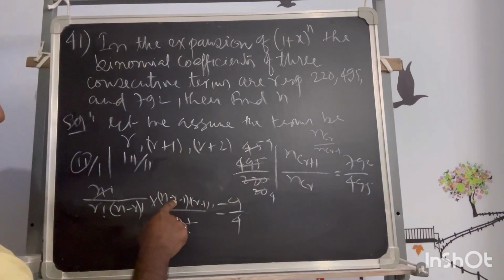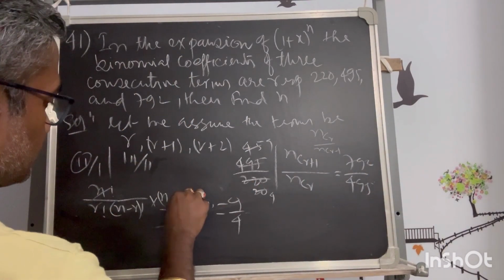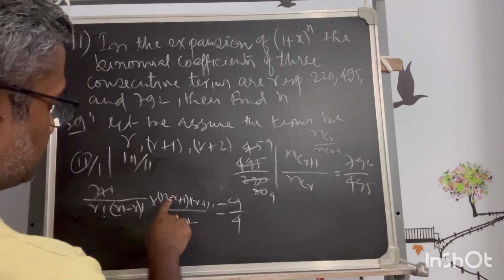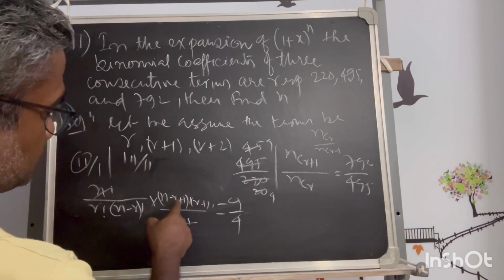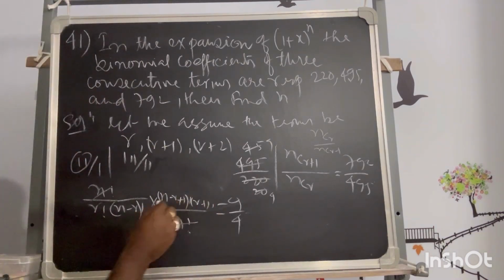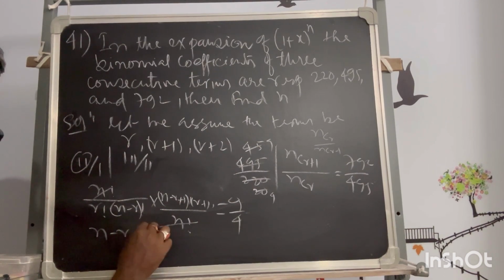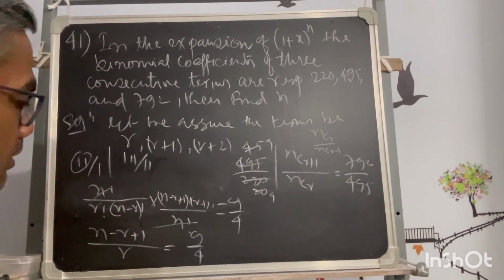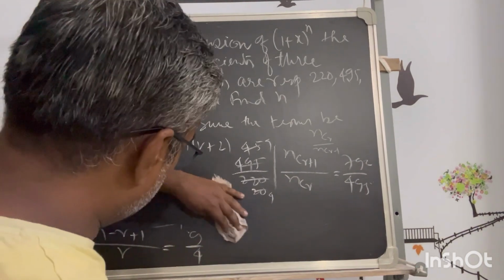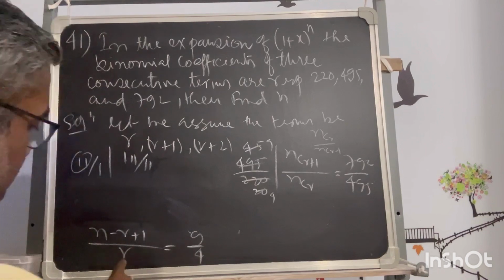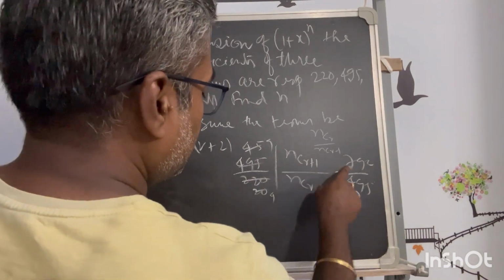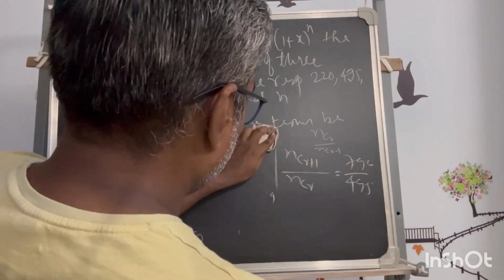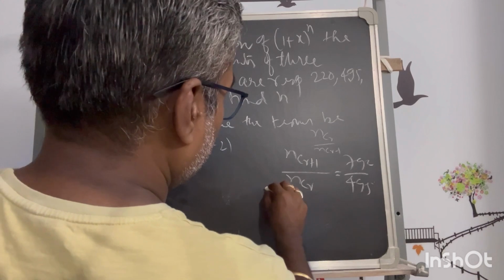Sorry, I made a mistake, because in n minus r the sign will change. Anyhow, n minus r plus 1 will be there, and below, r will be there. So this gives 9 by 4. There is no need to go further. This is my final equation, and here if I do the calculation, what will I get?